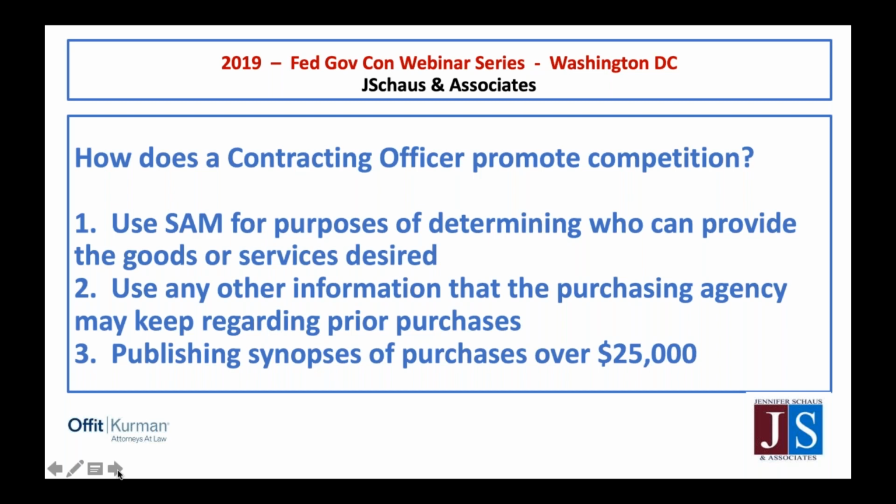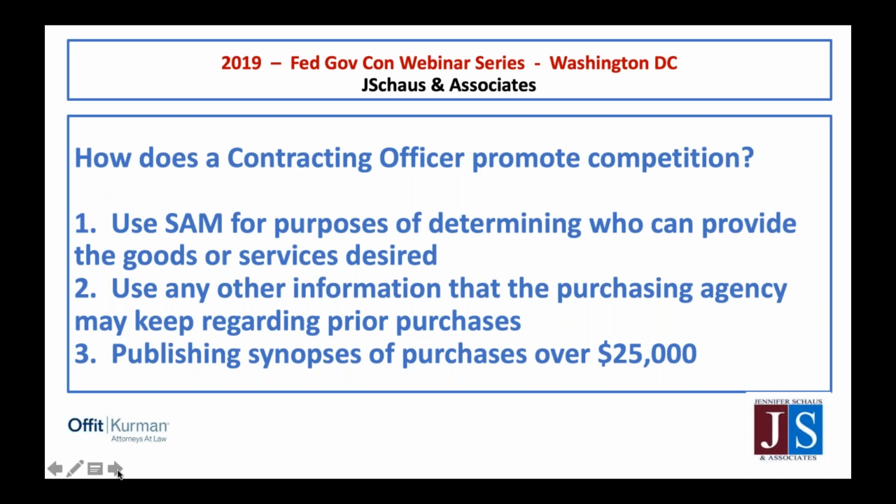And it would also potentially allow the contracting officer to reach out to that particular contractor to find out if it is still providing the good or service that the contracting officer is seeking, and that in doing that, it assists in the limited market research that the contracting officer is required to do as part of this process.